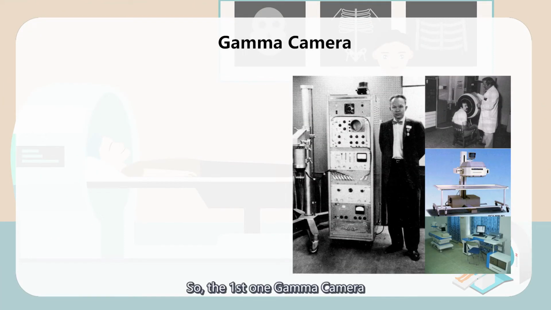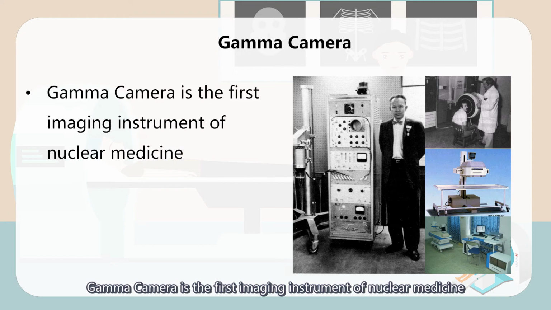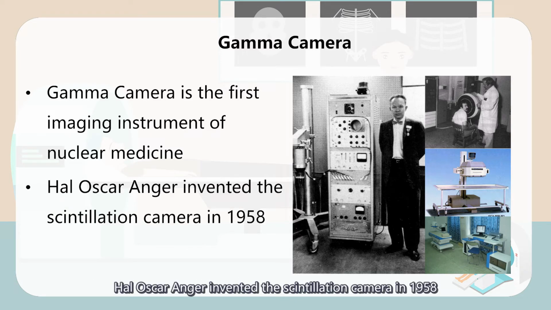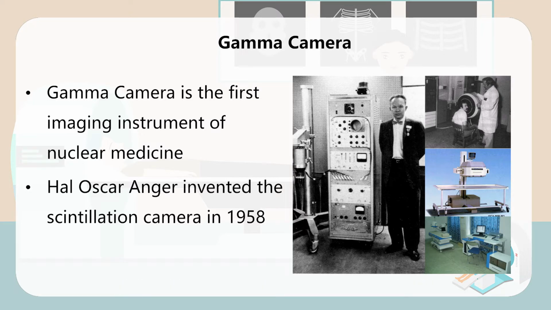So the first one, the gamma camera. The gamma camera is the first imaging instrument of nuclear medicine. Hal Oscar Anger invented the scintillation camera in 1958. This table shows us the components of the scintillation camera. Just as we mentioned before, the core part is the detector.